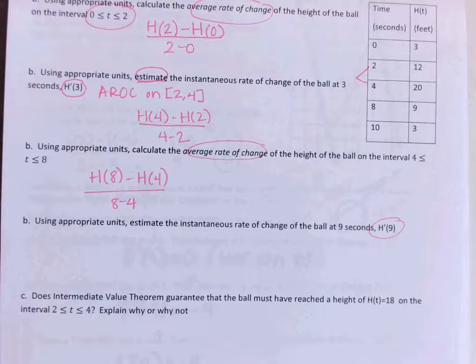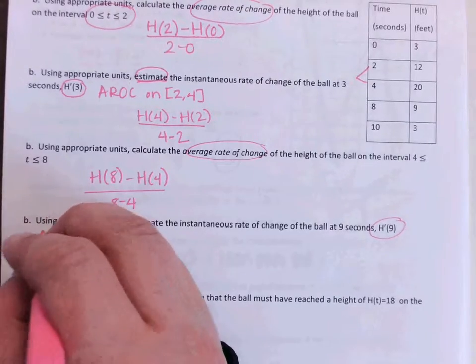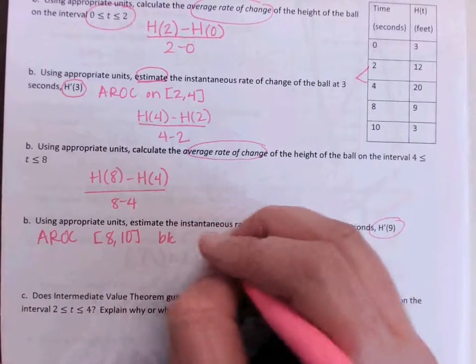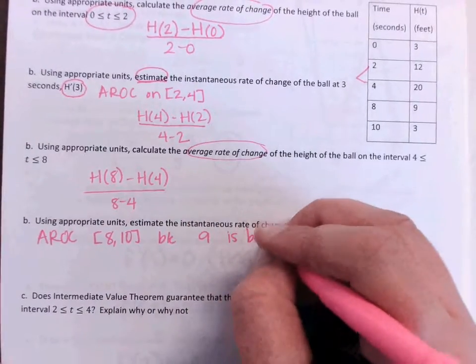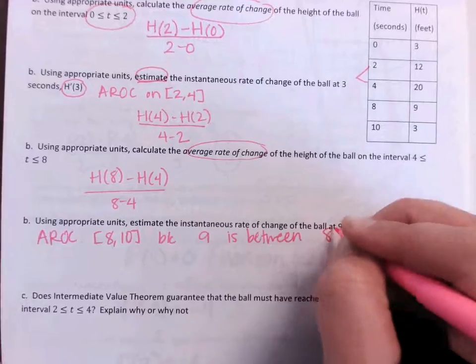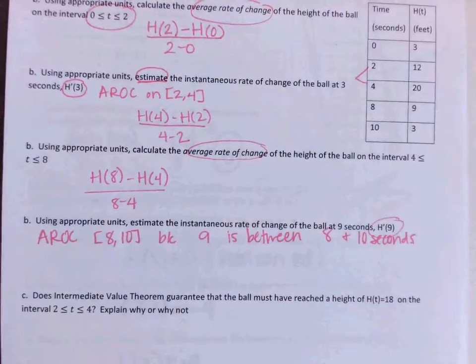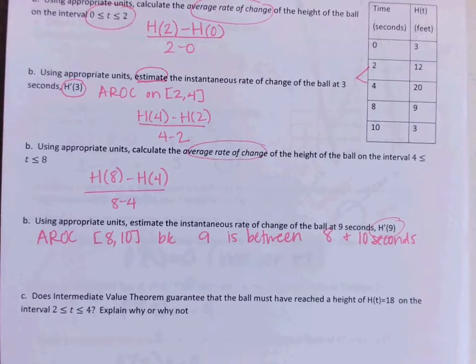So if I want h prime of 9, where would that fit between? 8 to 10. So you'd have to do the average rate of change from 8 to 10, because 9 is between 8 and 10 seconds. So if you have a table, that's how you would do it. Okay?